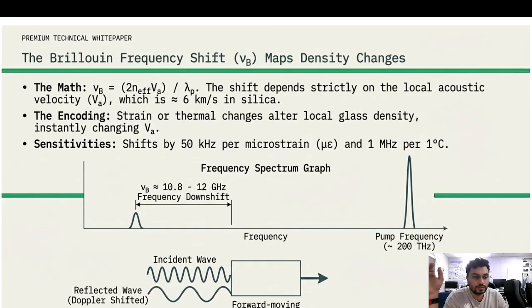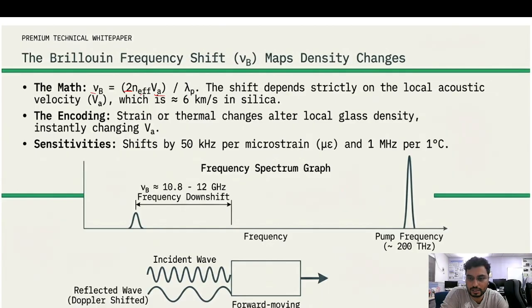Okay, so we were discussing the Brillouin frequency shift, nu B, maps density changes. The math says nu B, which we have discussed already, equals 2 n effective VA by lambda p.